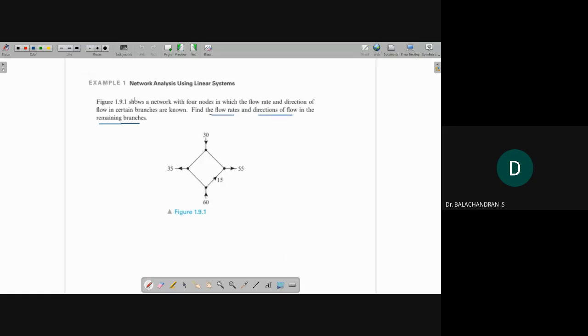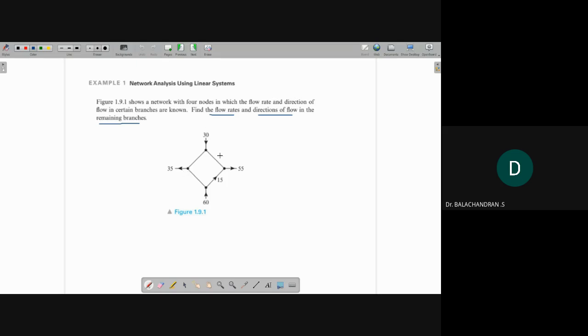Figure 1.91 shows a network with 4 nodes in which the flow rate and the direction of flow in certain branches are shown. Find the flow rates and the direction of flow in the remaining branches.